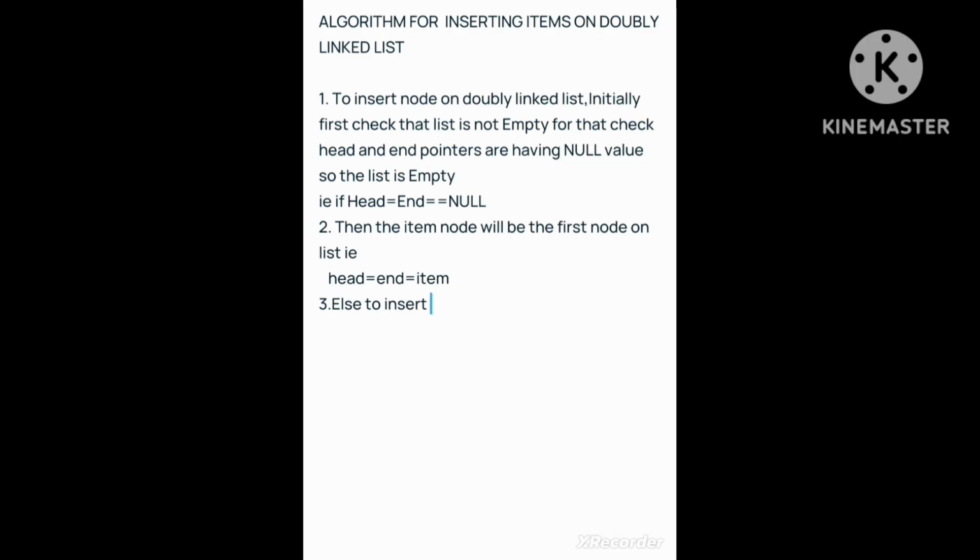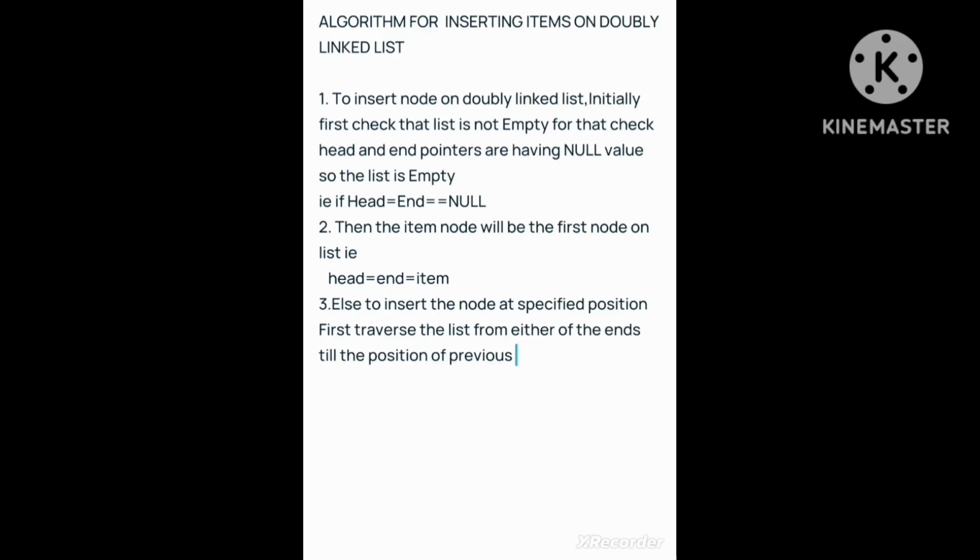Now here two cases arise, in which we have to traverse the list either from the forward direction or from the backward direction. First of all we will consider the case of the forward direction. It is simply like the case of the singly linked list.